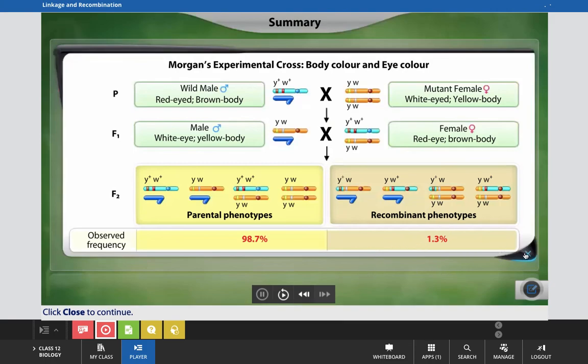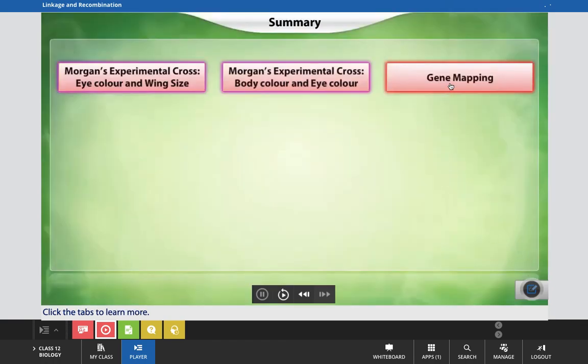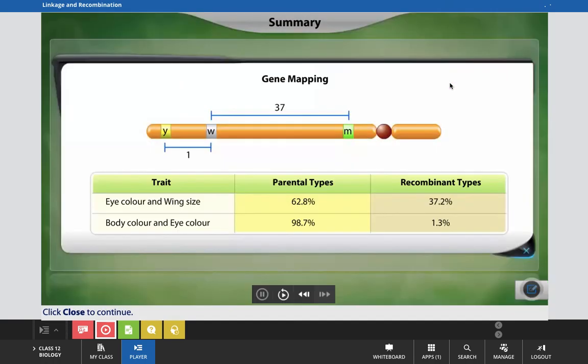And in the third case, we can understand about gene mapping. With the help of this chart, we have understood about gene mapping and the relationship between the percentage of parental type and recombinant type to find out the distance in the form of gene map units.